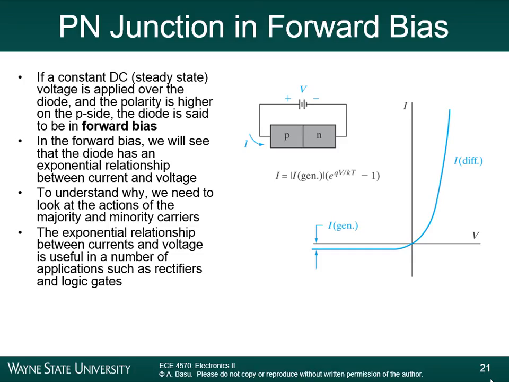AC adapter, right? In voltage rectifiers. Voltage rectifiers rely on this one-way current propagation. Another place is in radio detectors. Diodes are used in AM radio detectors, amplitude modulation.